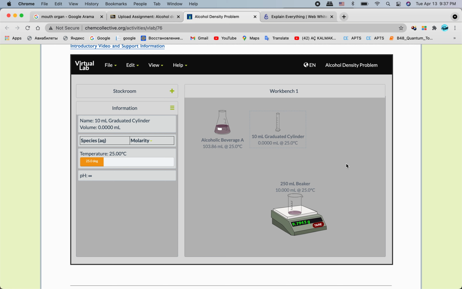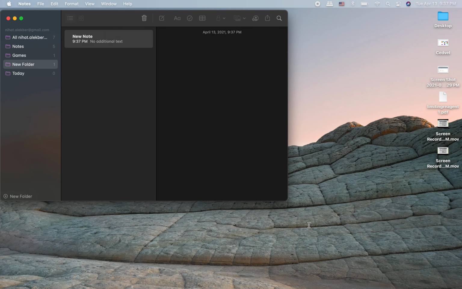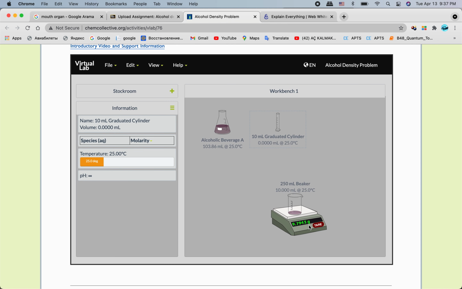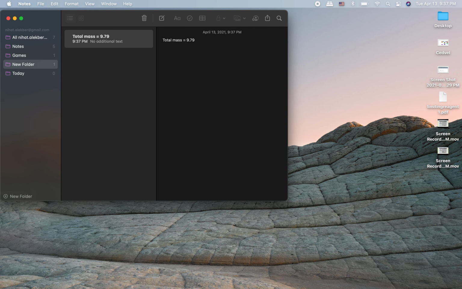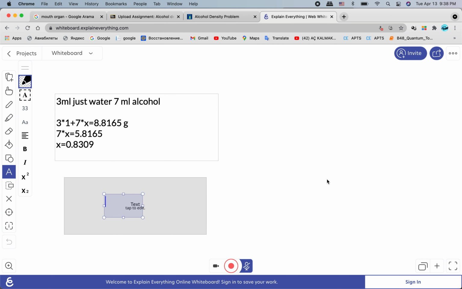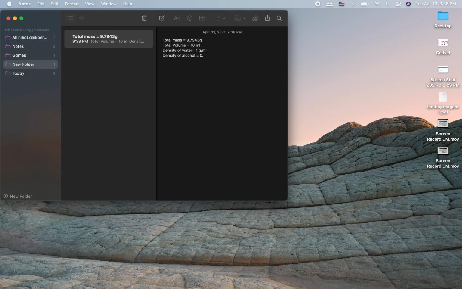So we found that our total mass equals 9.7943, and we know the total volume equals 10 milliliters, and we know the density of water is 1 gram per milliliter, and the density of alcohol is 0.8301 gram per milliliter.